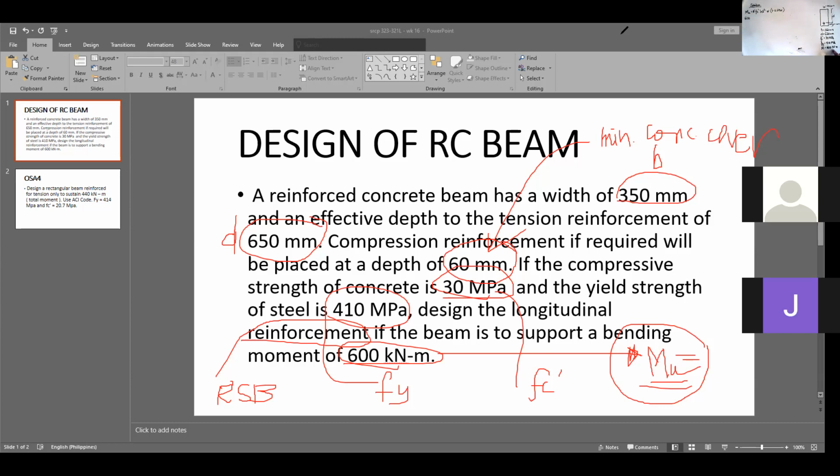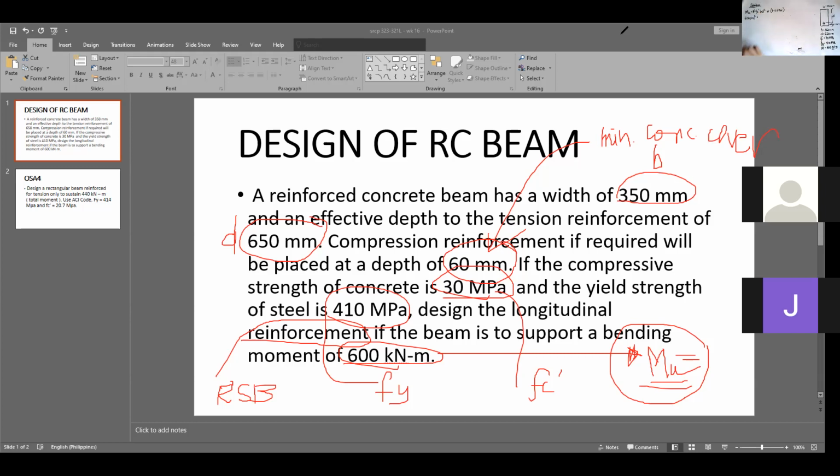You multiply it by 10 to the 6 because we want to be consistent with our units. The unit for the moment is kilonewton meter, so we convert this to Newton mm. Multiply by 1,000 to convert kilonewton to Newton, and again by 1,000 to convert meter to mm.